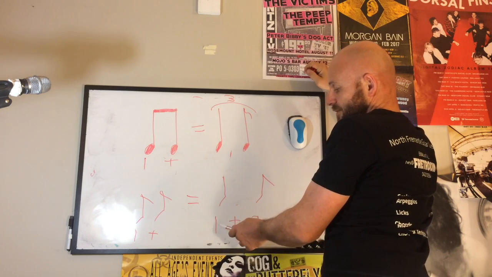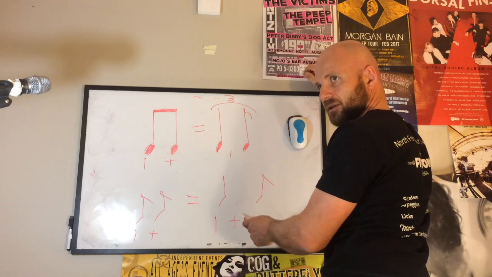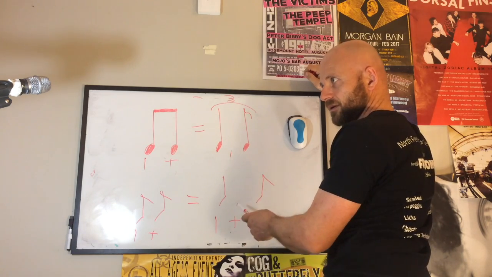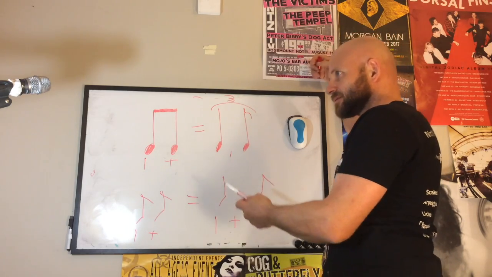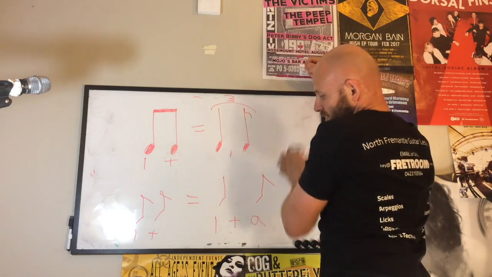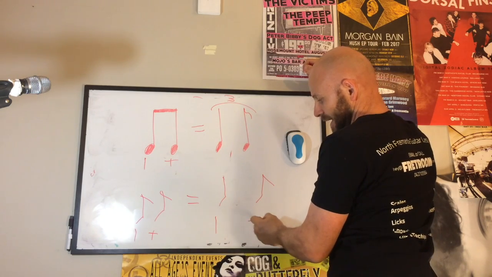So you could just go 1, 2, 3, 4, but you'd sound like a gorilla really. Not good. So what we do instead, we just get rid of the A and put and there.